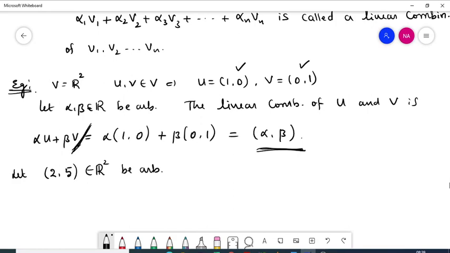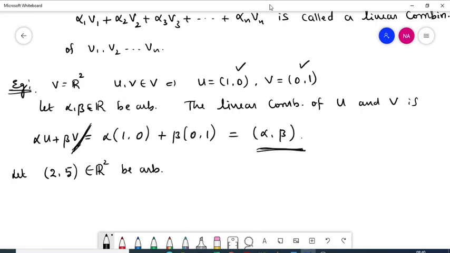I'll just recall what I did right now. If you take n number of vectors v1, v2, vn from V, then their linear combination is alpha 1 v1 plus alpha 2 v2 plus alpha 3 v3 and so on alpha n vn.